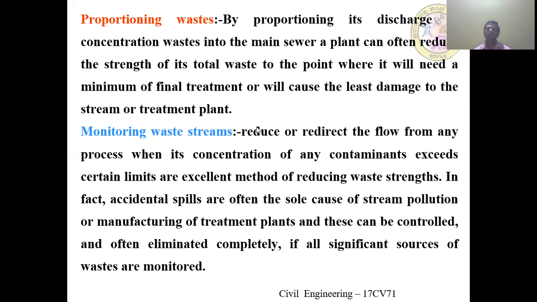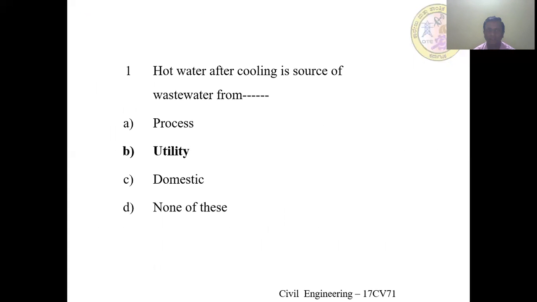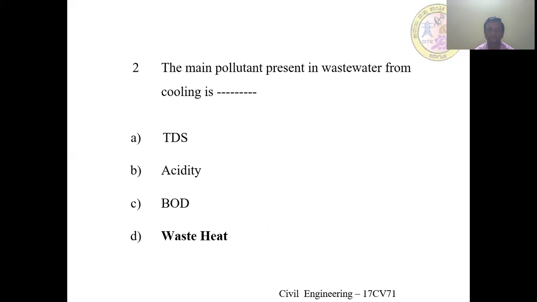So students, we discussed the various methods of reducing wastewater. We'll discuss some MCQs. Hot water after cooling is a source of wastewater from the utility. The main pollutant present in wastewater from the cooling tower is the waste heat.